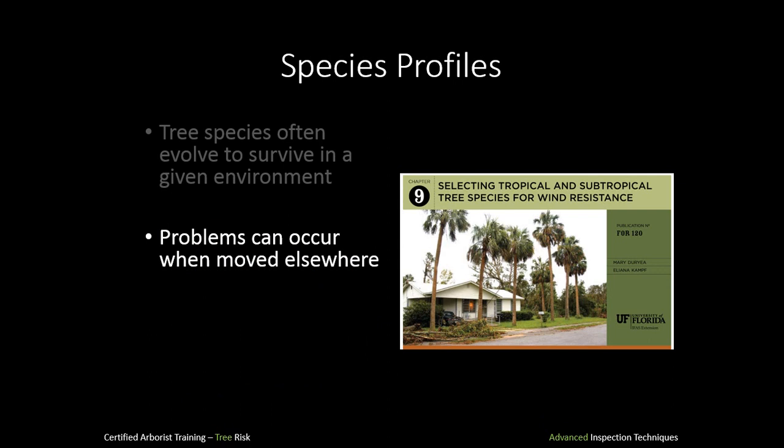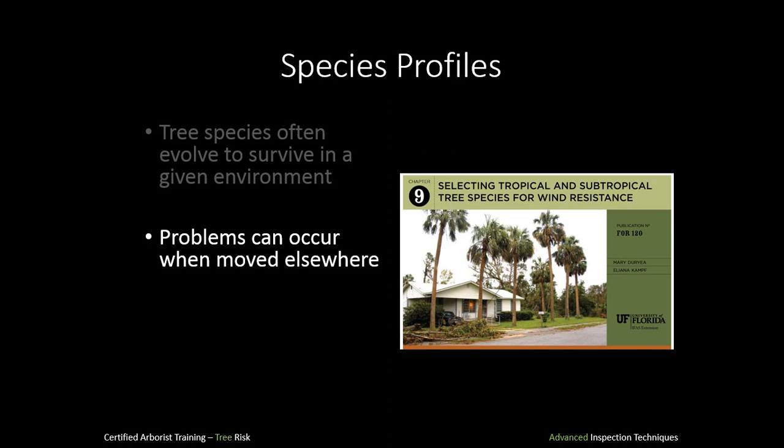But problems occur when you move plants from elsewhere, like Mexican fan palms. Those are sabals in that picture, but things that aren't prone to hurricanes can get really beat up. There's a lot of tropicals out there. My neighbor had a rubber tree, a Ficus elastica, that typically doesn't experience what we have here in Florida, and it just tore itself apart.